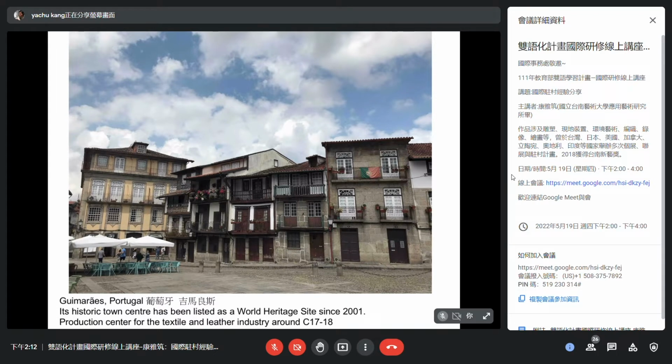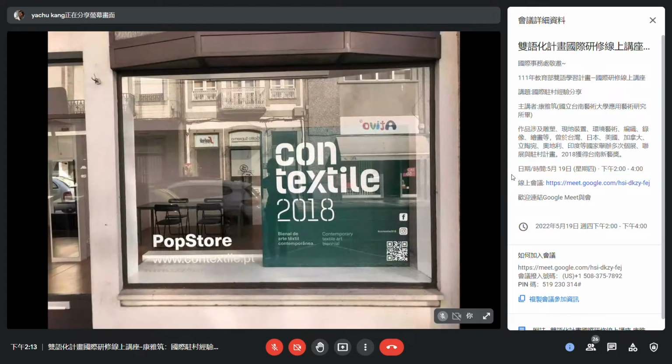So why was this event happening in that place? Because it's a historic town center, listed as a World Heritage Site since 2001, and they had a big leather and textile industry around the 17th and 18th centuries. And this is the pop-up office of this exhibition.